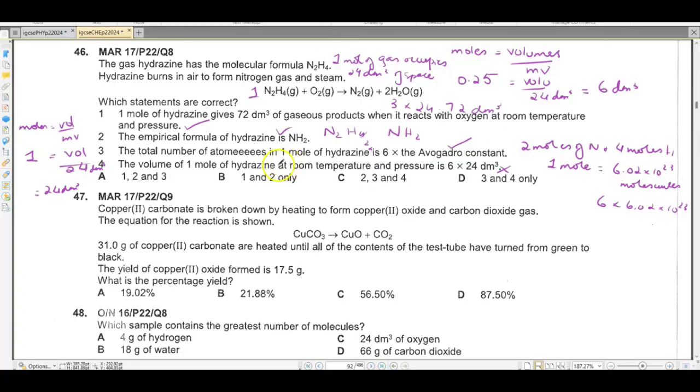It should be 24. So 1, 2, and 3 are correct by all the logic I've given, and the fourth one is not correct. So A is our answer for this.